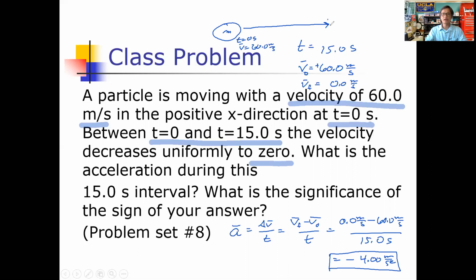It moves to a time interval 15 seconds later, and we were told that the velocity final here is 0 meters per second. Over this time interval the acceleration then is a negative 4.00 meters per second squared. That's what we calculated, and this is a picture that allows us to see that.